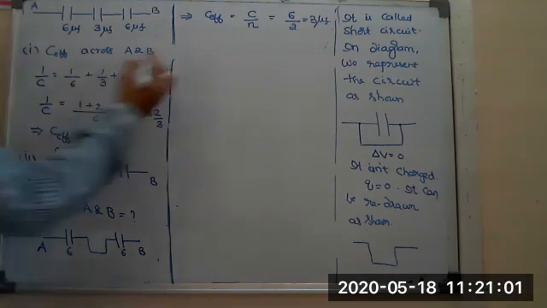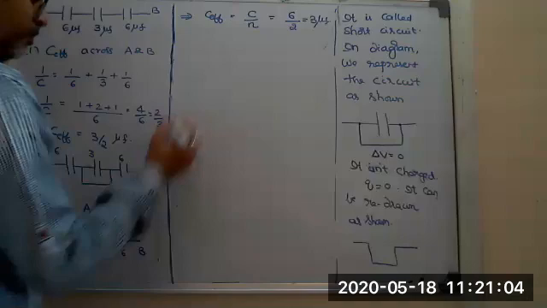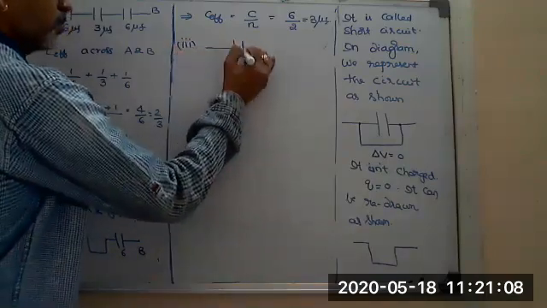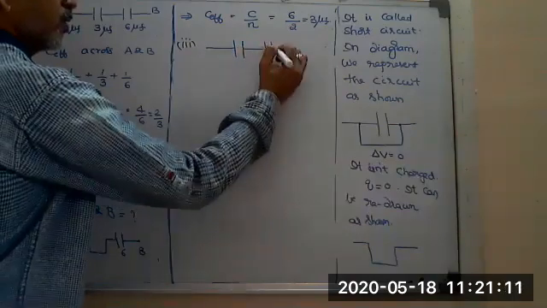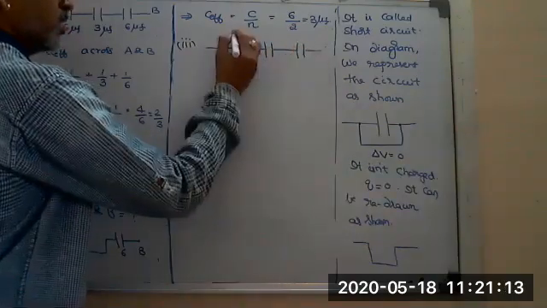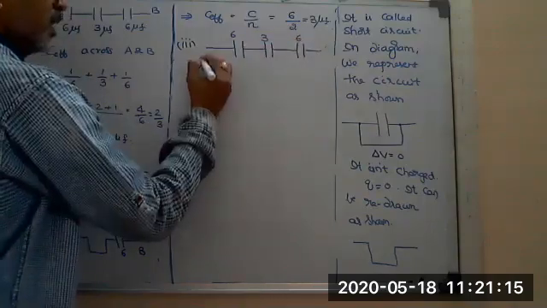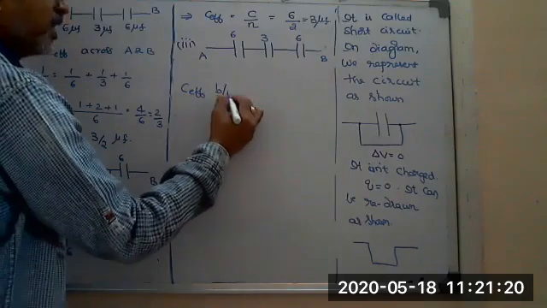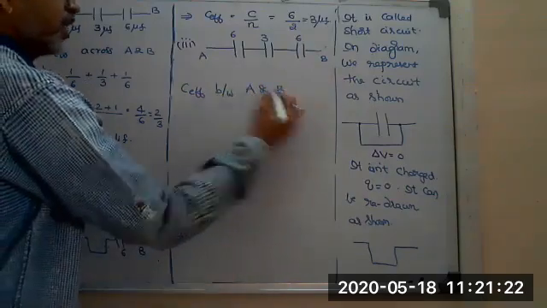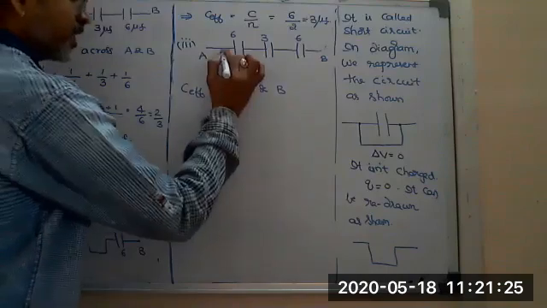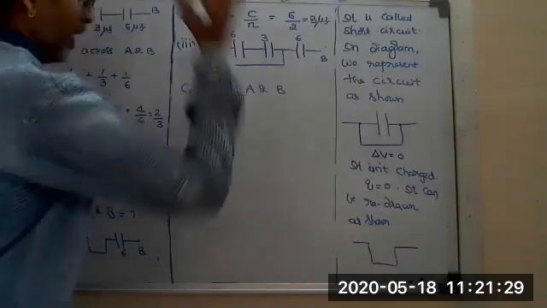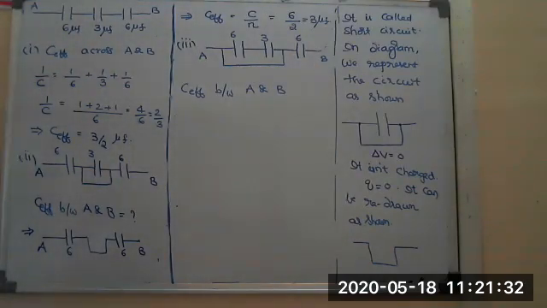Okay. And the third model, same circuit here given, 6, 3, 6. Again, I am asking, what is the C effective between A and B, with again one change. What is that, sir? Suppose I connect like this. Anybody respond?